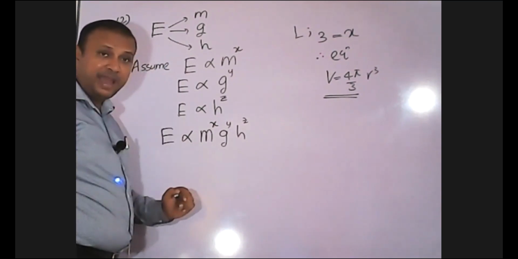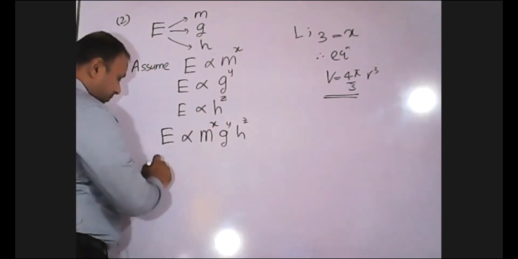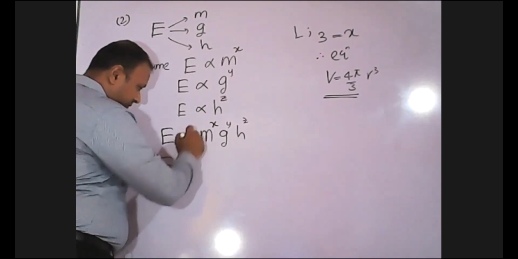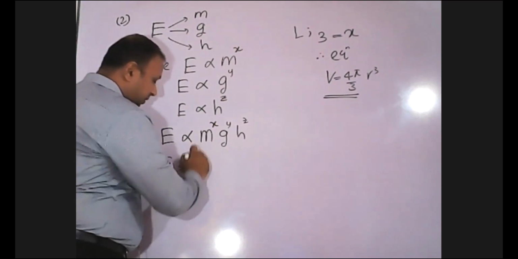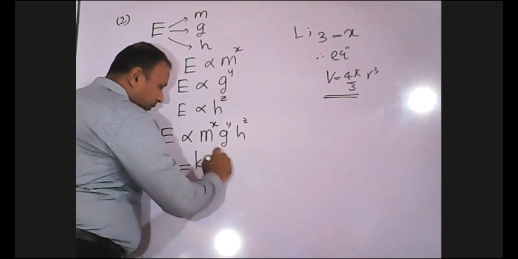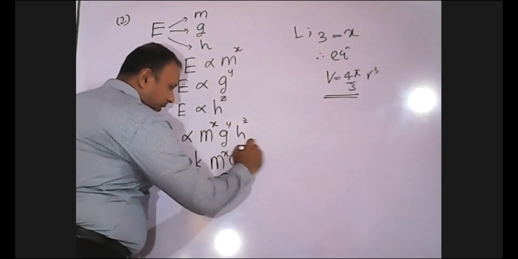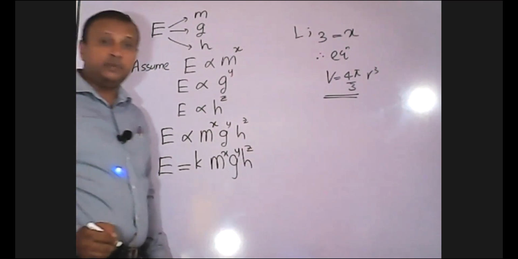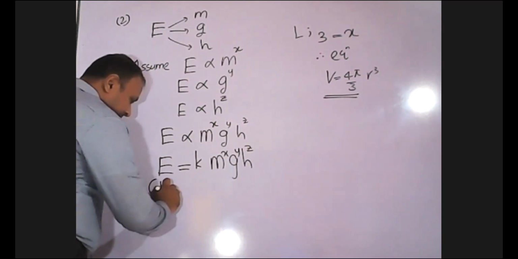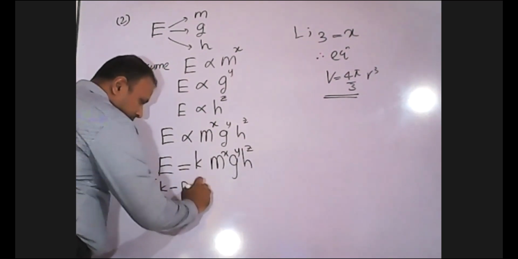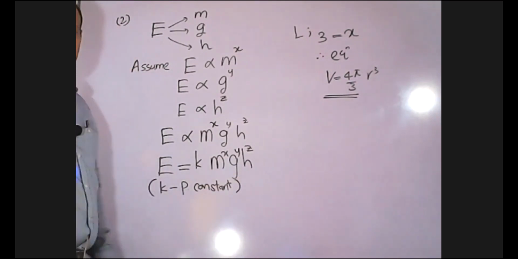Then, to build an equation, I have to apply the proportional constant: m to the power x, g to the power y, h to the power z. Once you apply the proportional constant, you have to define it: k is the proportional constant.